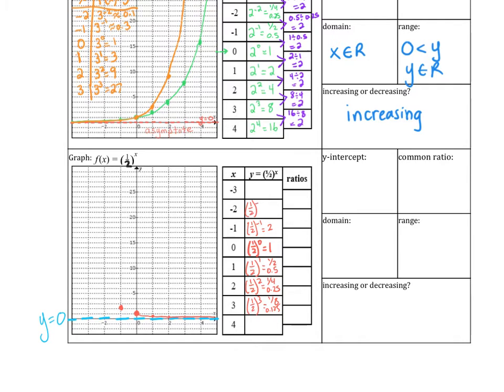When x is -2, flip the 1/2 upside down, so that's equal to 2 squared, which is 4. And if x is -3, 1/2 to the -3, flip 1/2 upside down to make 2. So that's 2 to the exponent 3, which is 8.